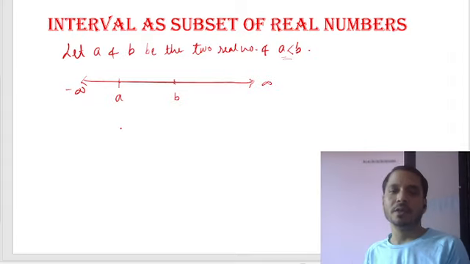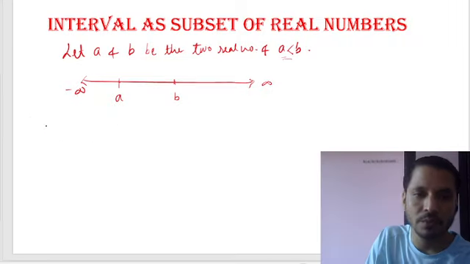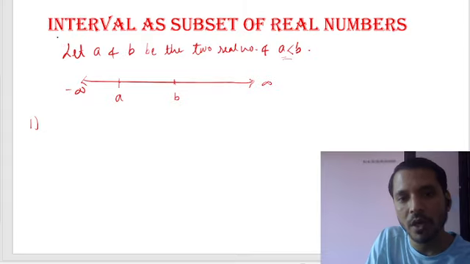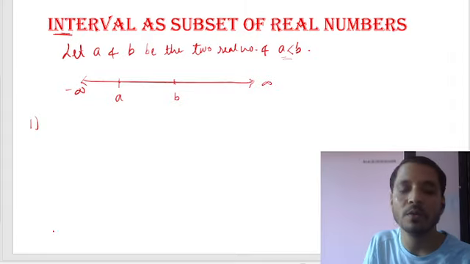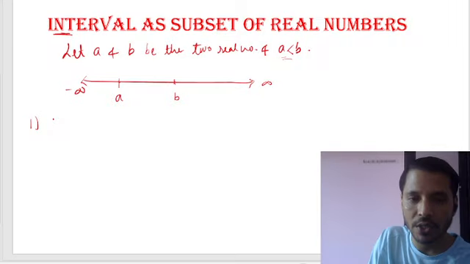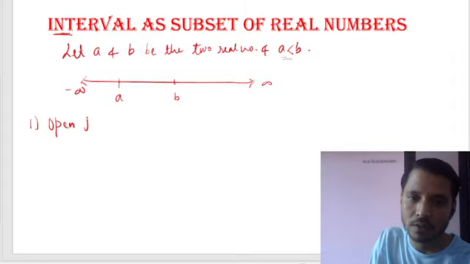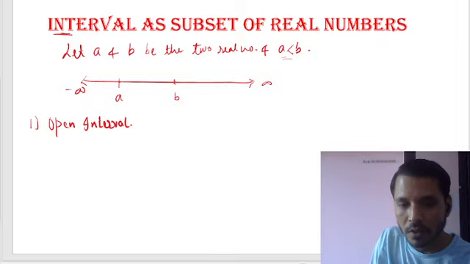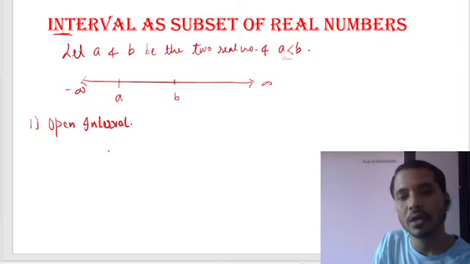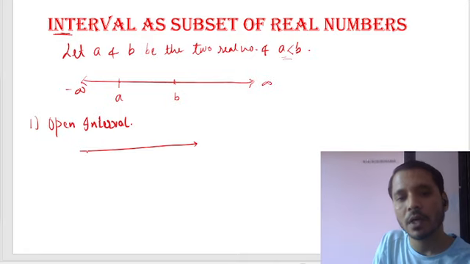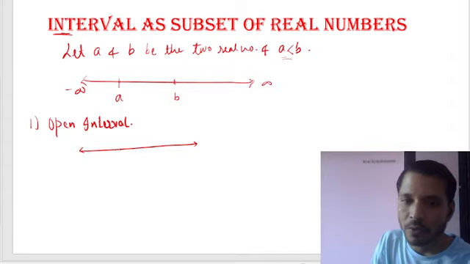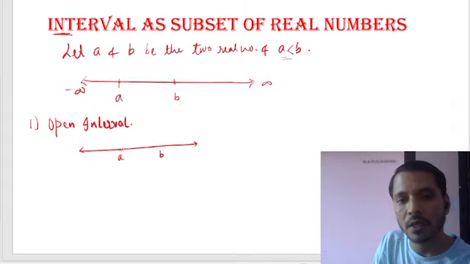Now, how can we write a subset of the real numbers? We write the subset in the form of an interval. Here we have different types of intervals. First, the open interval. Let us suppose we have a number line, and from point A to point B there are many real numbers.